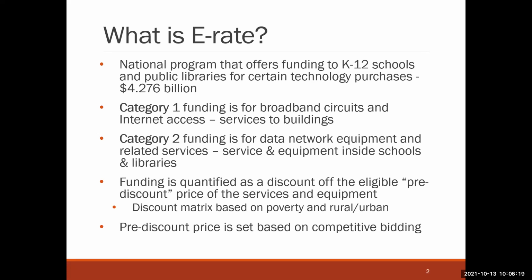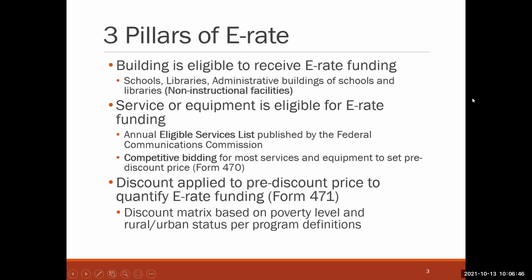The discount percentage is based on a matrix, and that matrix has two different measures of poverty and the rural-urban status of your school or library. And importantly, this program requires competitive bidding in order to reduce that pre-discount price as low as possible. So that's the high-level overview.